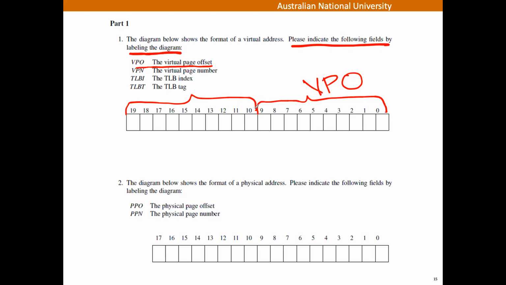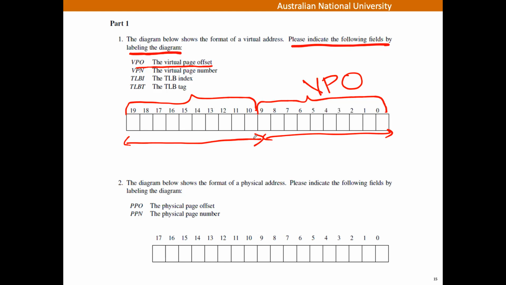They do not differ in the first 10 bits. They only differ in the remaining bits. And we use these bits for indexing the TLB. And once we get the page table entry, the physical page, we use the virtual page offset to go inside the page and get the byte that we want.